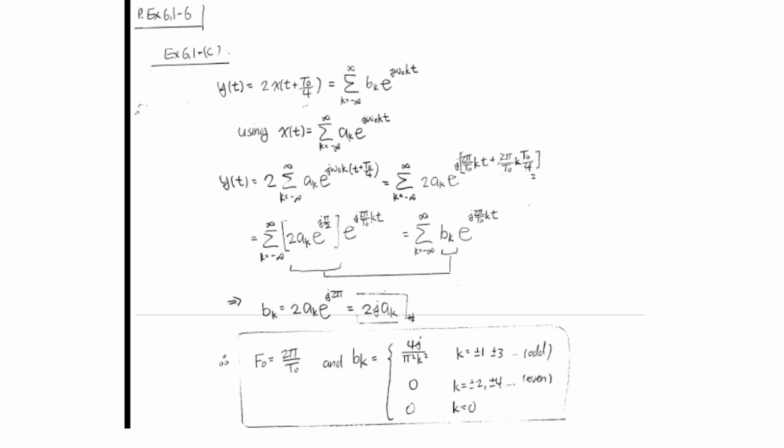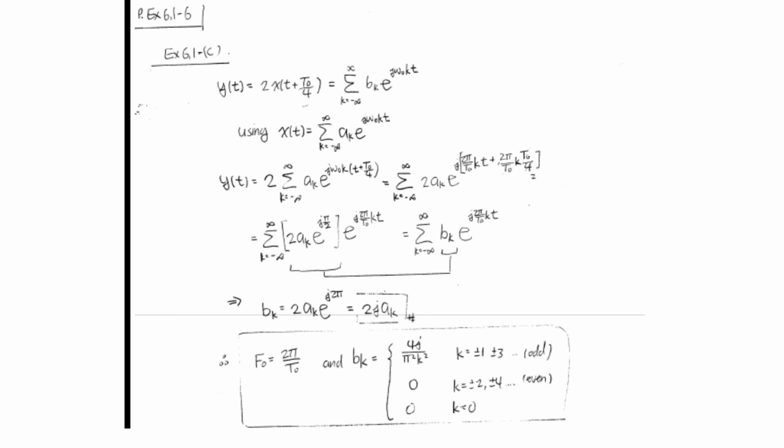So the idea is that whenever you're faced with this kind of problem, you have to demonstrate what this operation does. You apply it to the Fourier series of the original function, and then you muscle it so that it looks like this, and you do a comparison to find out what your new b_k is.